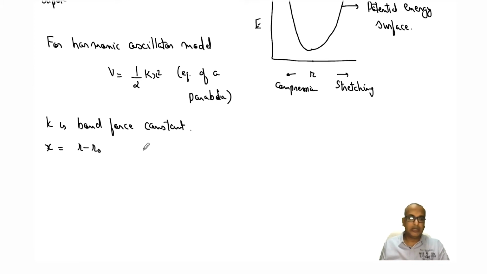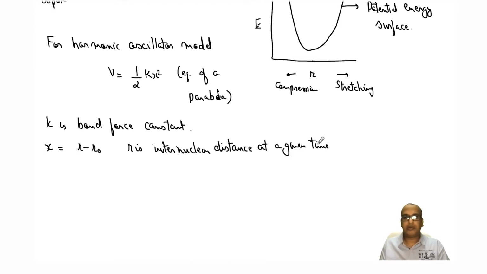So r is internuclear distance at a given time, and r0 is the internuclear distance at equilibrium.